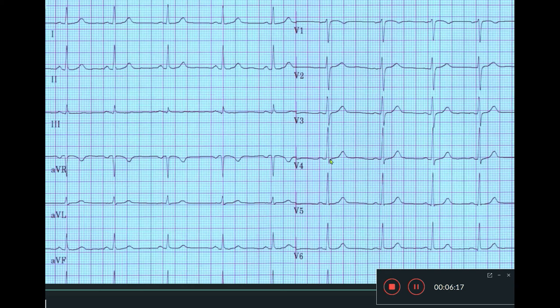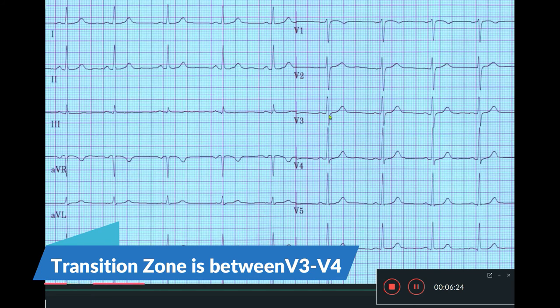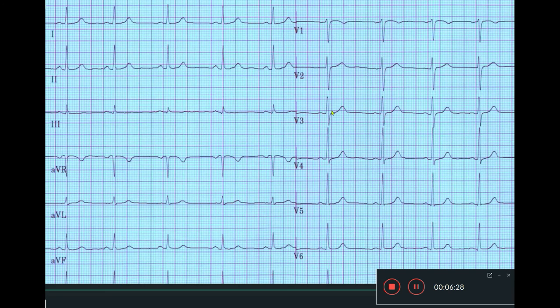Then I taught you about the transition zone, which is usually between V3 and V4. Transition zone is where R becomes taller than S wave in the anterior chest leads. So this is a perfectly normal transition zone between V3 and V4.